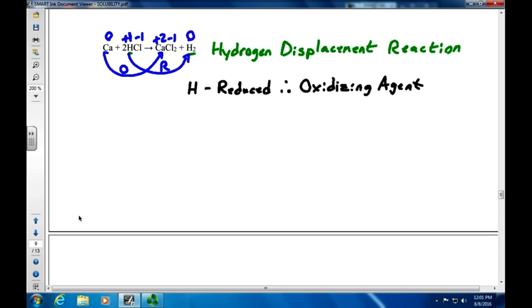And calcium is being oxidized, therefore it is the reducing agent. And that's all there is to it.